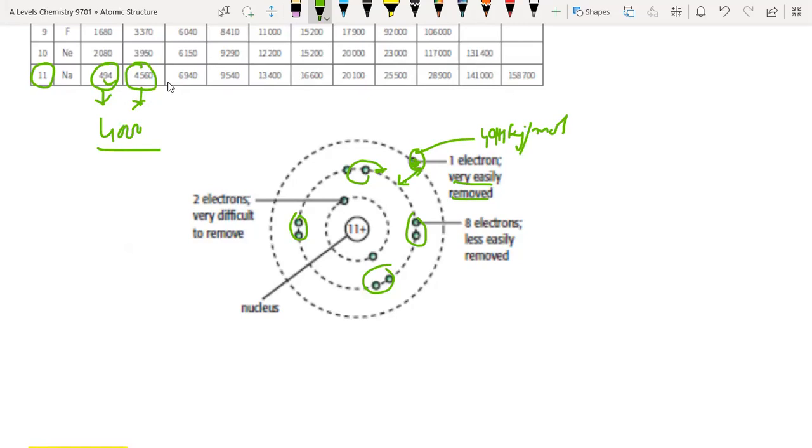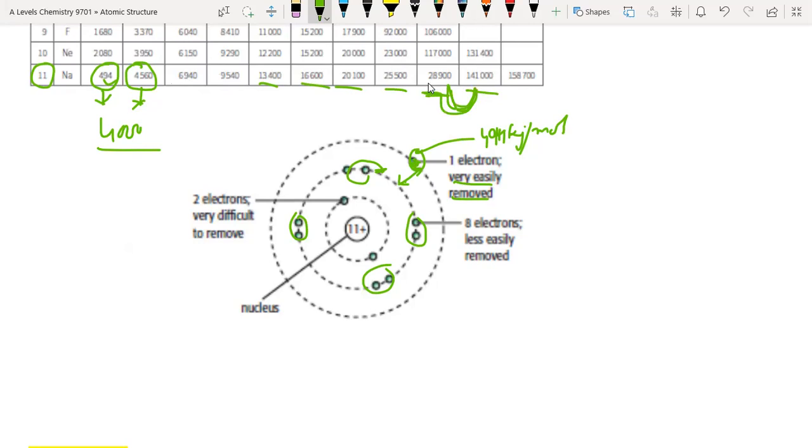Similarly, when the third electron is removed from the second shell, it will have greater ionization energy. Similarly for the fourth, fifth, sixth, 7, 8, 9, 10, then there is a great difference between these two successive ionization energies.